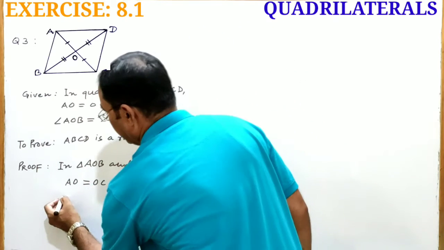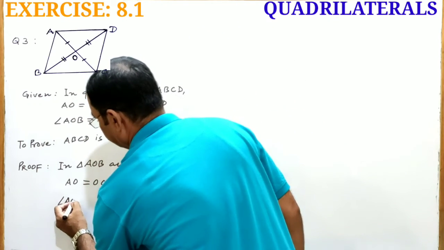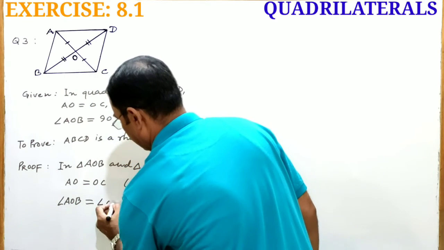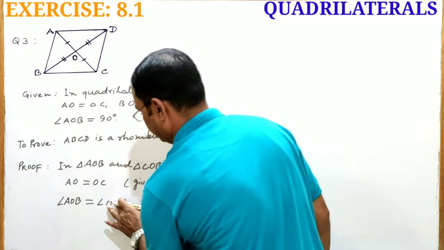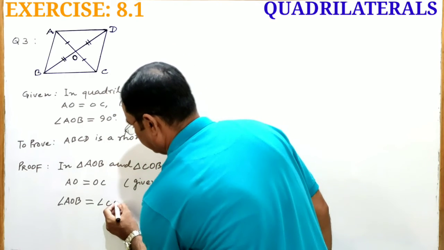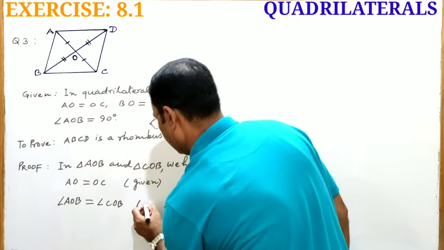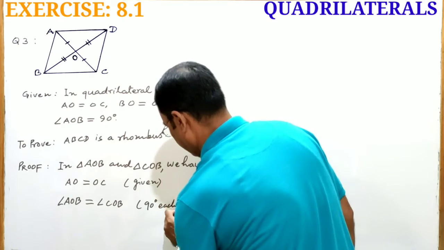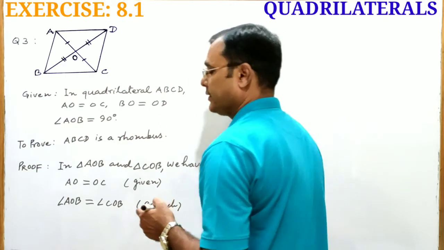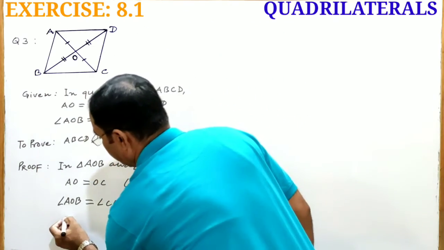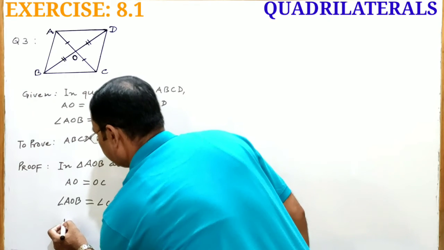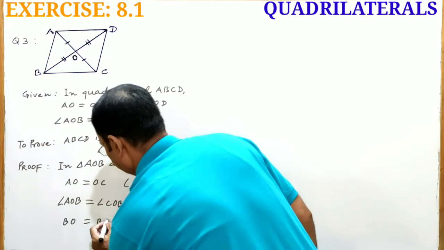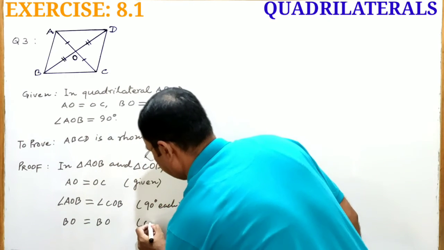Angle AOB is equal to angle COB (90 degrees each) because diagonals bisect each other at right angles. BO is equal to BO, common side.